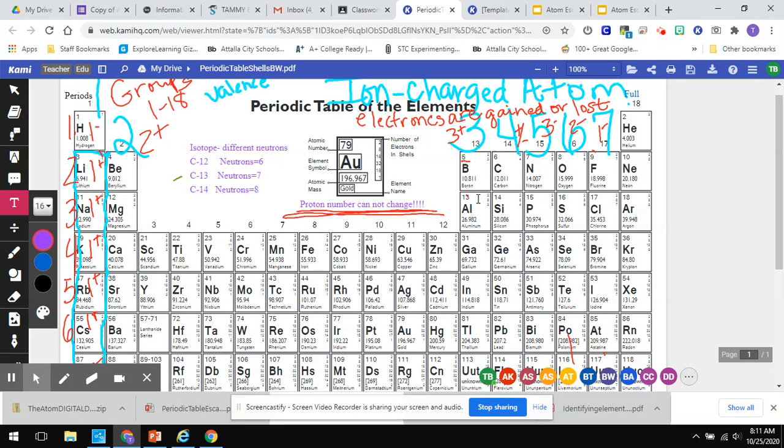So the way for it to be ready to share and bond with something is that it's going to give electrons away. If it gives electrons away, it's going to have 3 more protons than it does electrons, meaning it'll have a 3 positive charge.